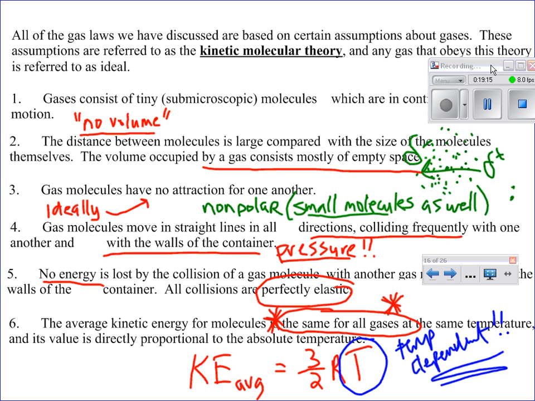If we increase the temperature, what happens first? We're increasing the kinetic energy, which then affects what? Our collisions with the wall of the container. So we can pull in 5 and mostly 4 in that explanation.